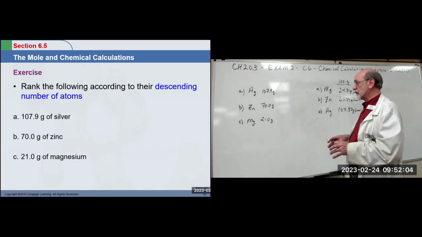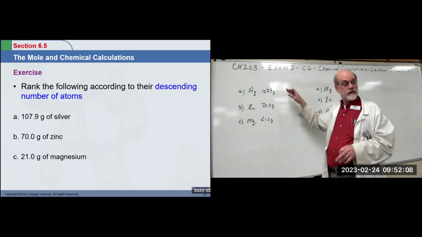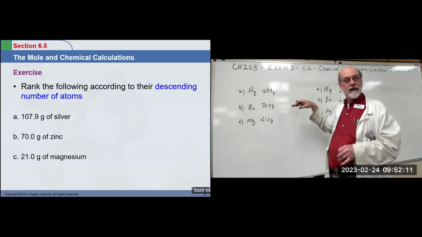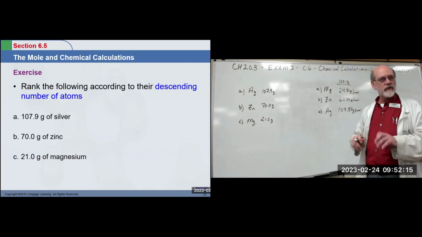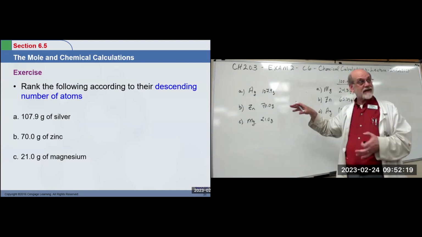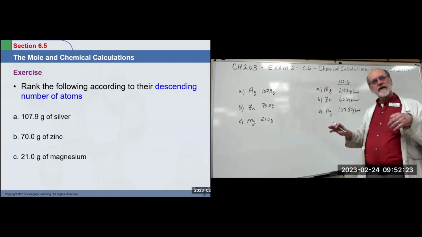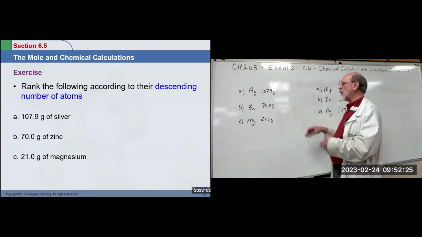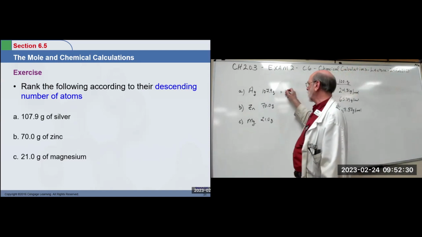So what you'd have to do here is a calculation, right? How many moles of each one do you have? Well, since we've only got 3, I suggest we not go to the trouble of calculating each one exactly. All we have to do is put them in order. What's their relationship to a mole? 107.9 grams of silver is equal to 1 mole, isn't it?